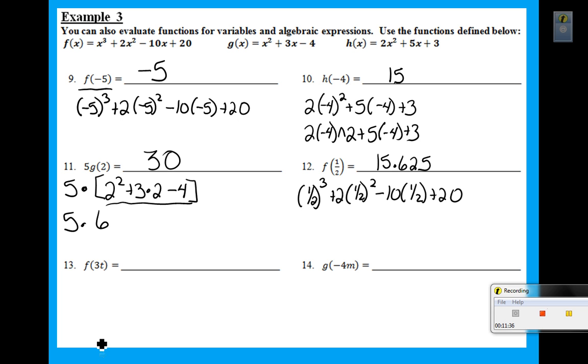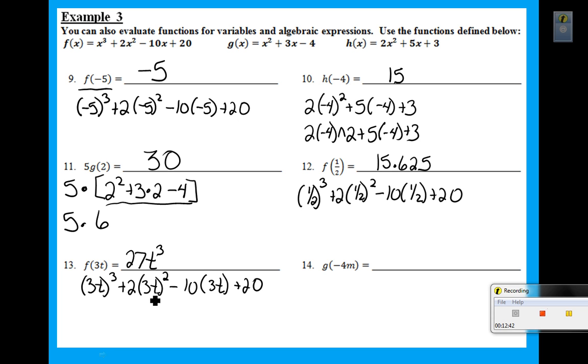Well, here's what it's going to look like. I got parenthesis 3t to the third plus 2 parenthesis 3t squared minus 10 parenthesis 3t plus 20. Now we have to simplify this. Well, 3t to the third, 3 to the third is 27. T to the third is t to the third.